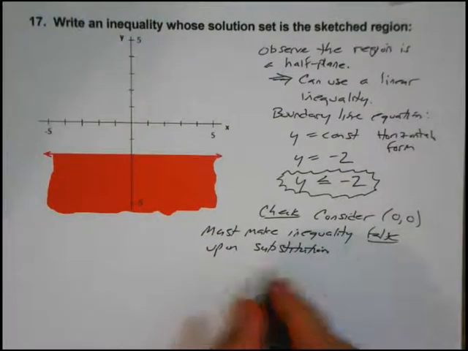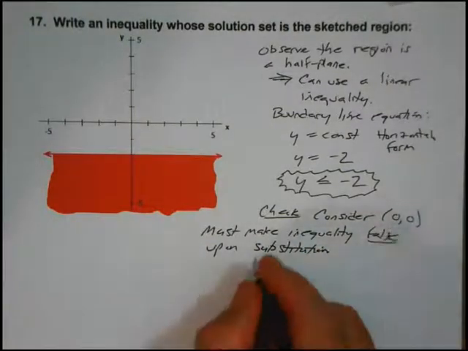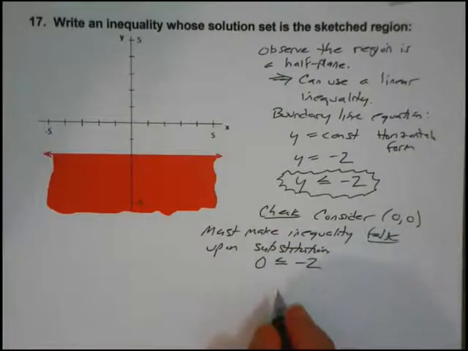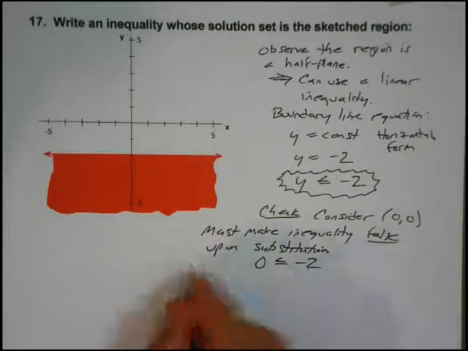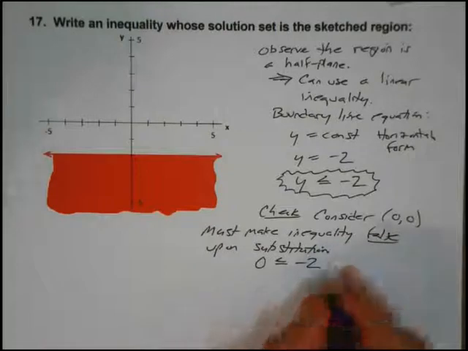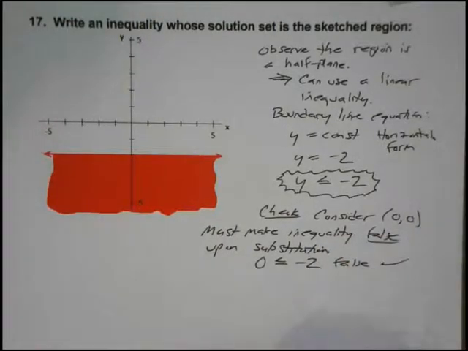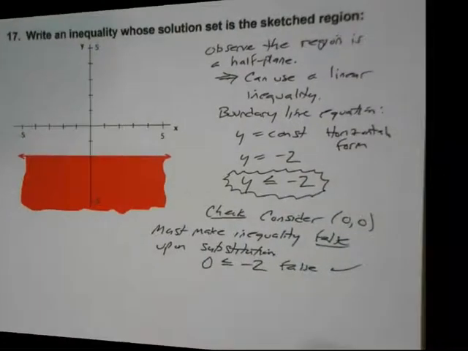Well, put it in there. Let's see, 0 for y, 0 less than or equal to -2. No, -2 is further to the left on the number line, so this is false. That's what we wanted to see. Okay, this looks good.